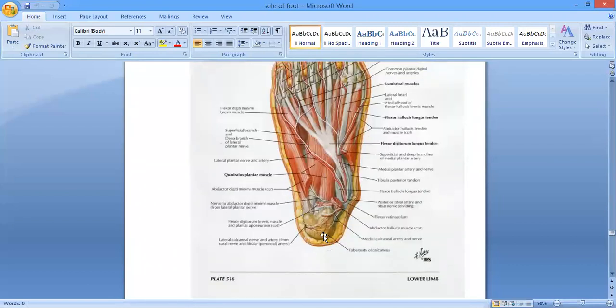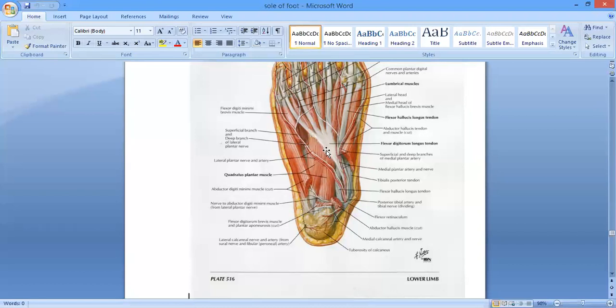Okay. Here you can see again the tendon of flexor digitorum longus entering in the sole of the foot by crossing the tendon of the flexor hallucis longus. And when it is going to cross over the tendon of flexor hallucis longus, it is going to receive a slip, a strong tendinous slip from the hallucis longus, right? And then it will travel forwards and is going to receive the insertion of the quadratus plantae muscle over the lateral border of the tendon.